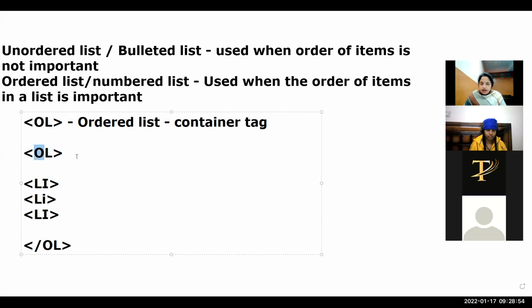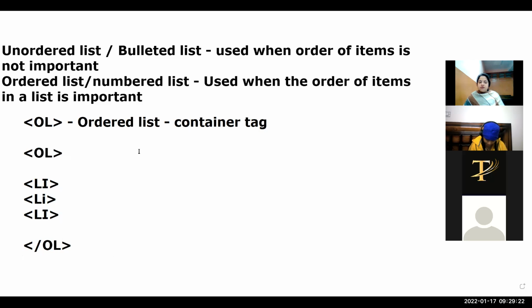OL starts the list. Now the list will be ordered. Now instead of bullets, numbers will be displayed. If I type OL, instead of bullets, numbers will be displayed. Then give the list items. For every list item, automatically numbers 1, 2, 3, 4, 5 will be displayed, and then close the OL tag.